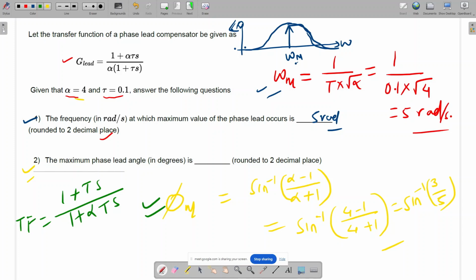So if this is the format, what will it be here? One thing will be common. Alpha T is tau here.